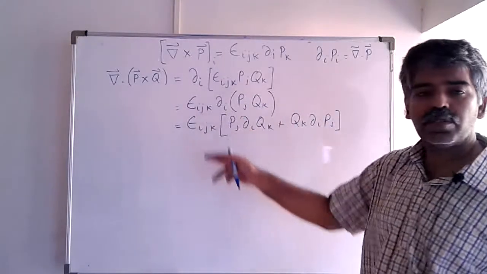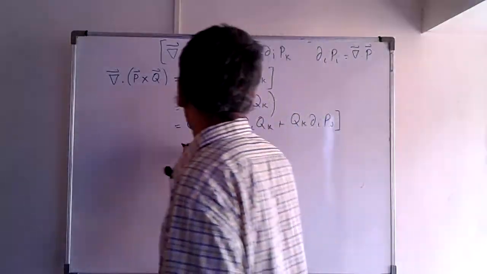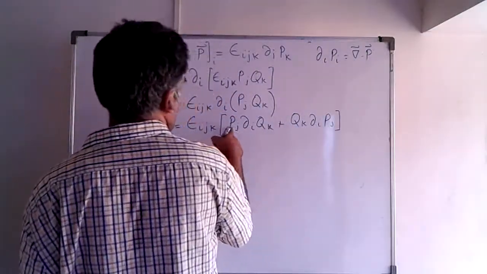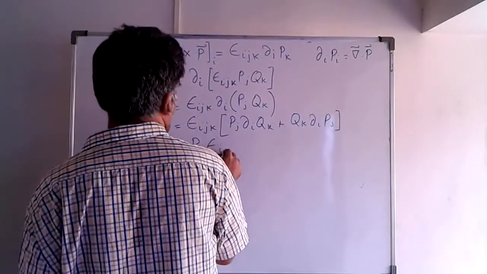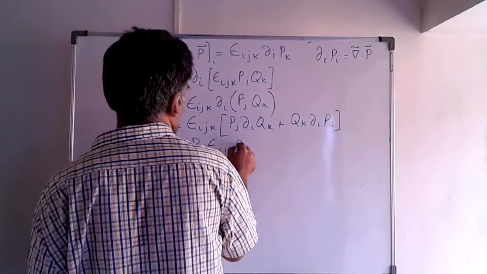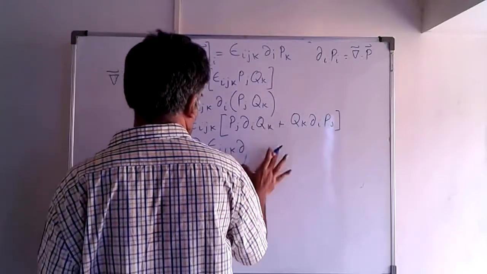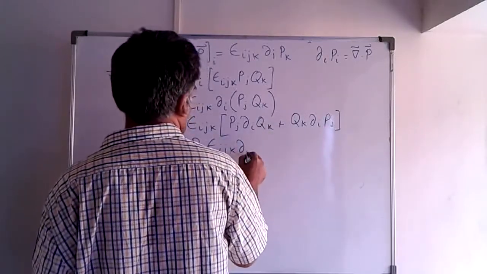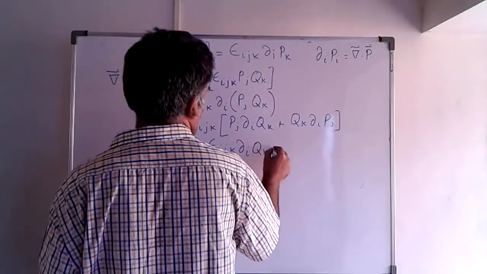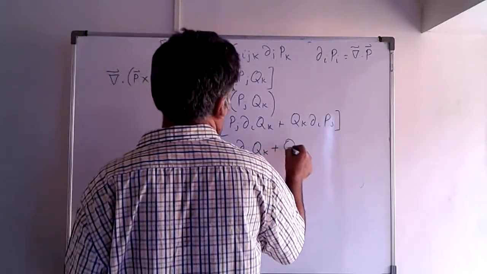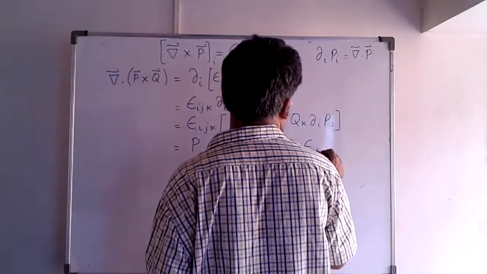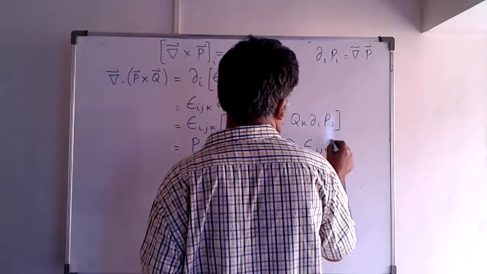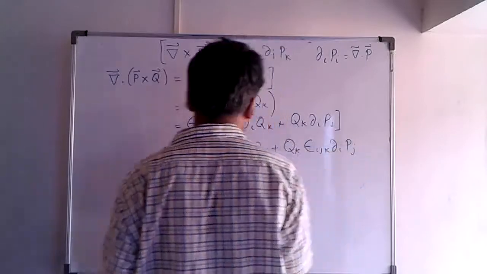These are components you can swap. That's the advantage. Now here you can bring pj in front. Pj epsilon i j k del i qk plus, bring qk in front, qk epsilon i j k del i pj.